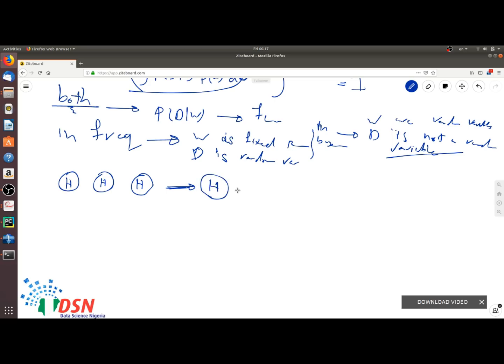Now, if you want to estimate the probability of the coin being head with the frequentist approach, you should maximize the maximum likelihood of this event based on this.